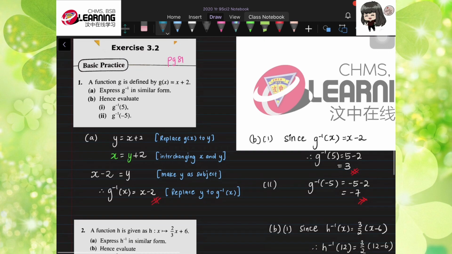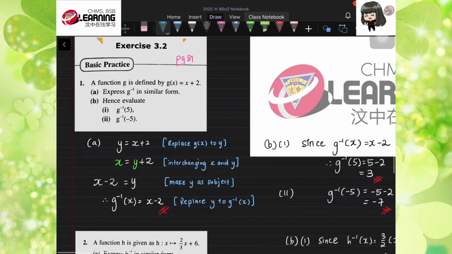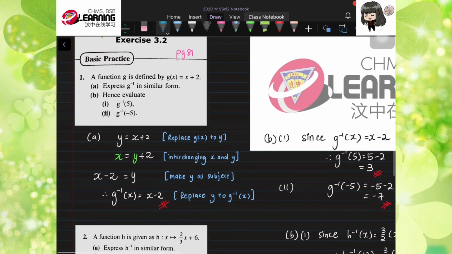Question number 1. Find the inverse function. In the previous lesson we learned the inverse function, so there are steps you need to remember. The first one is to replace fx or gx with y, and then interchange x and y. The interchanging part is because of the input and output.